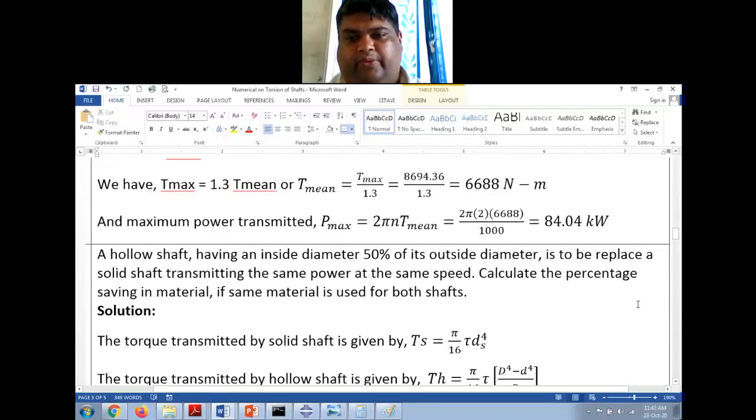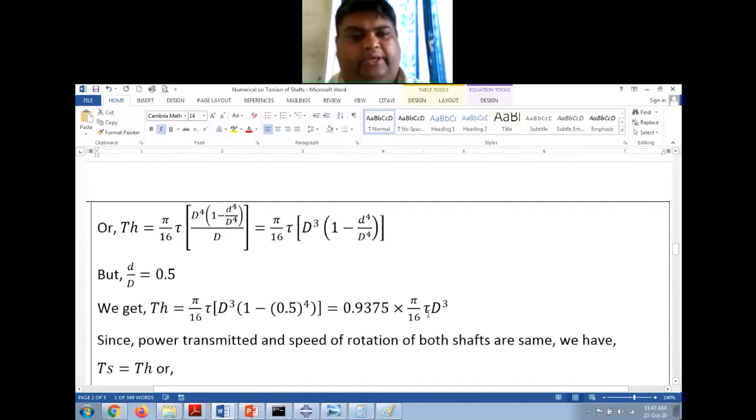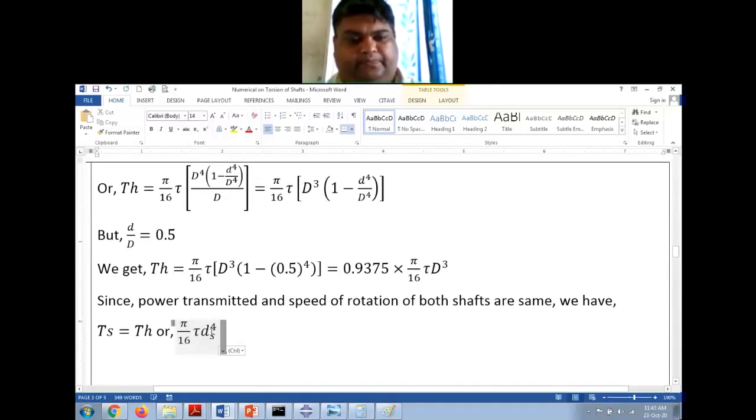Get this value now, pi by 16 tau into ds raised to 4 is equal to this value.